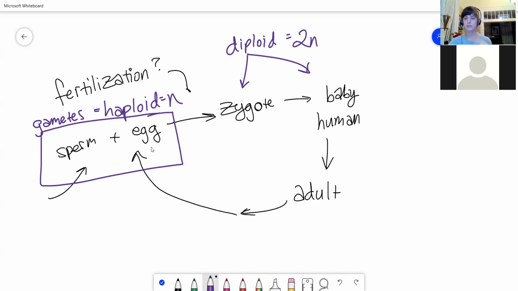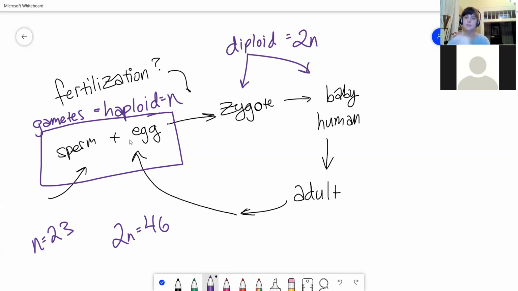So for humans, we've got 23 chromosomes. 23 is the number of different chromosomes we have, but we've got 2 pairs of each. We have 2 of each of those 23. So in humans, N is 23, 2N is 46. 2 times 23 is 46. Okay, so chromosome 1 through 23 comes from one parent, and another whole set of 1 through 23 comes from the other parent.